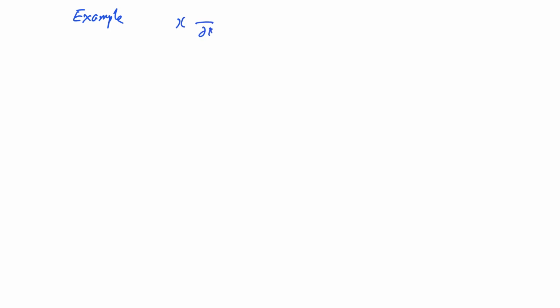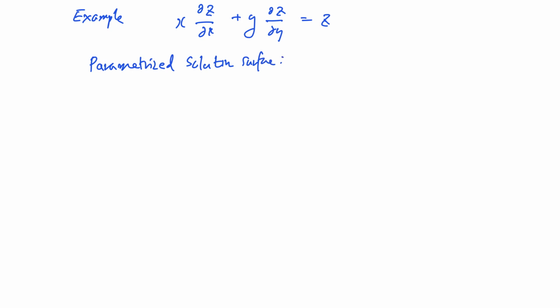x partial z over partial x, y partial z over partial y is z. And we parameterize the solution surface. We have x equal t, y equal 2t squared plus t, z is 1 plus t cubed.